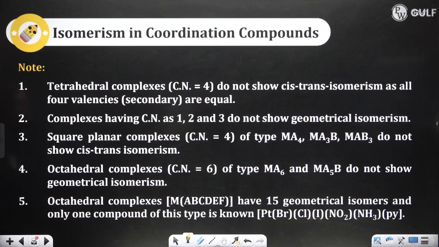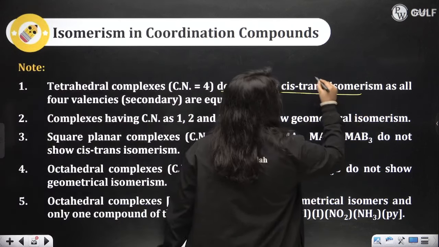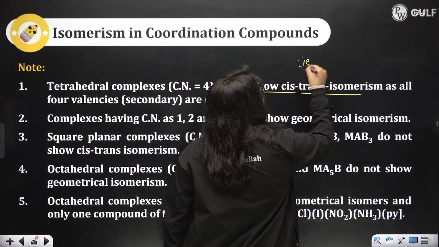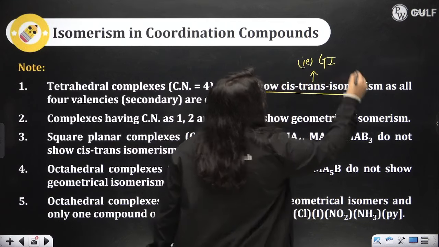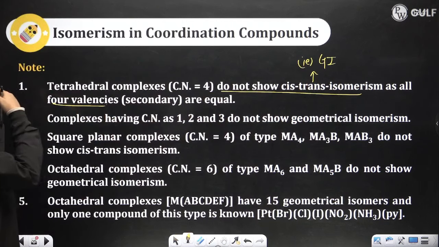Now, these are some of the points. Tetrahedral complexes do not show cis-trans isomerism, that is, they don't show geometrical isomerism, as all the four valencies are equal. Complexes having coordination number 1, 2, and 3 do not show geometrical isomerism.